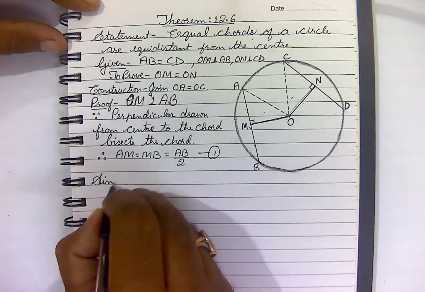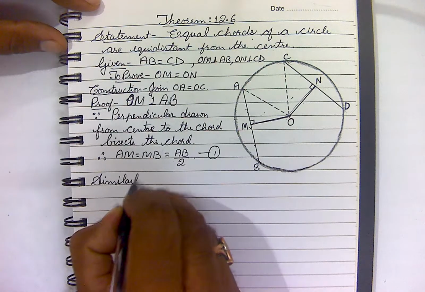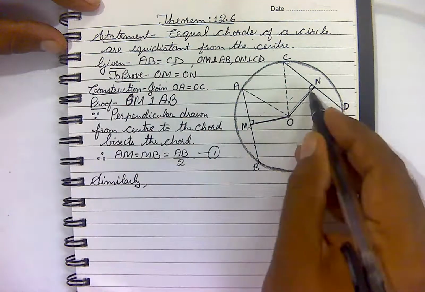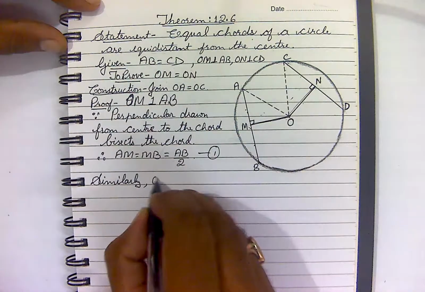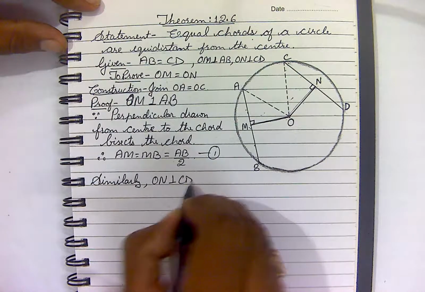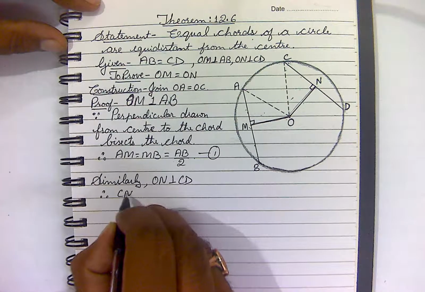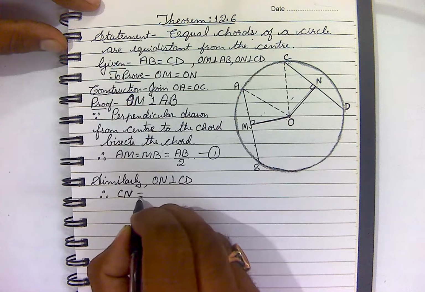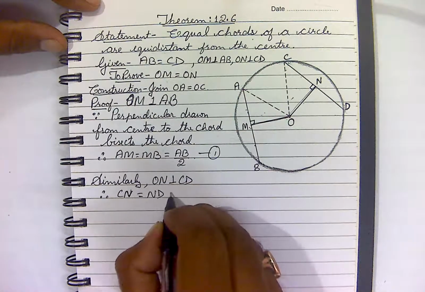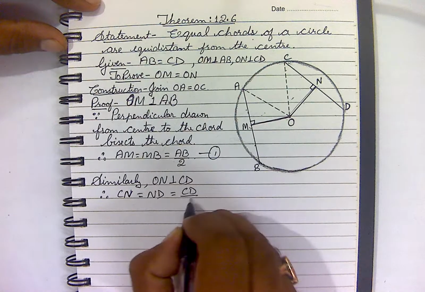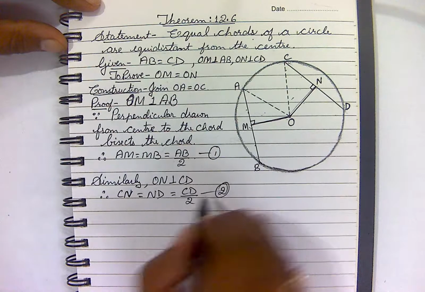Similarly, ON is perpendicular to CD. Therefore, CN is equal to ND, and these both are half of CD.